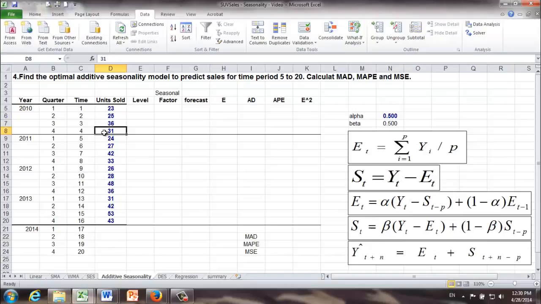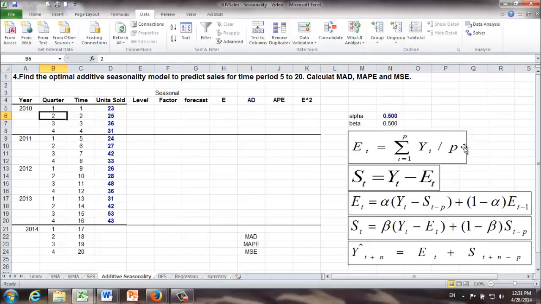Here we have quarterly information. So you can imagine, for example, in order to predict the sales of quarter 2 in 2011, chances are the best indicator might be the sales of quarter 2 in year 2010, because here we are talking about the same quarter of different years.